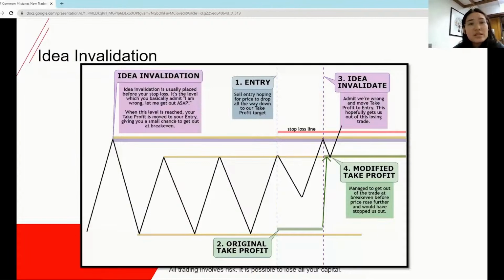Let's take a look at this example here. Our entry is over here at this multiple swing high, and we're hoping for price to drop all the way down to our take profit target, which is over here. If we follow price, we can see that it reversed off over here and is headed back up.